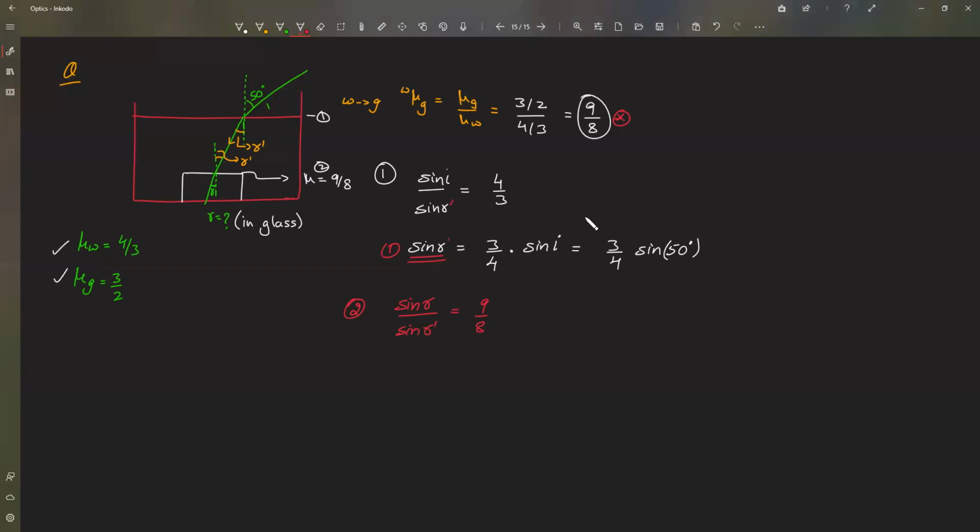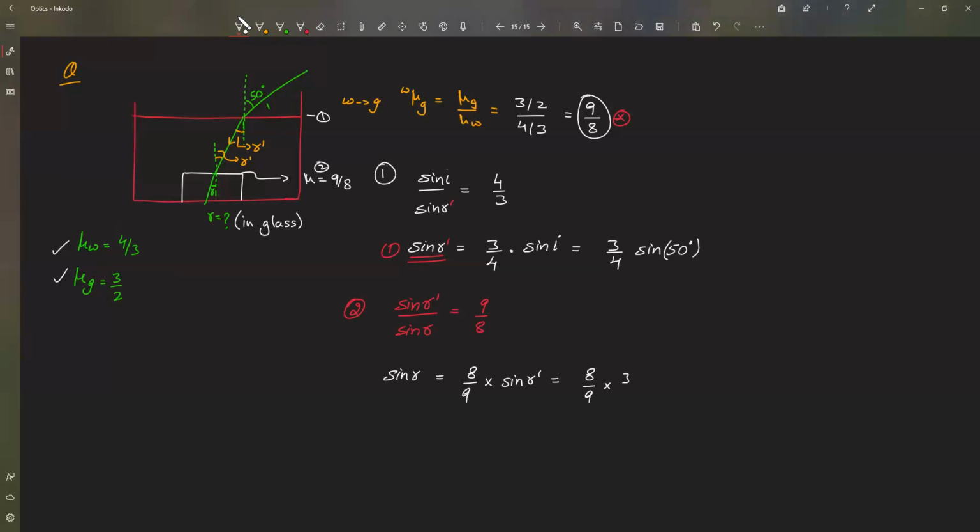This is R dash, so this is also R dash, this is R dash, and this is R. Sine R dash divided by sine R is nothing but 9 by 8. So what is sine R now? Sine R will be equal to 8 by 9 into sine R dash.